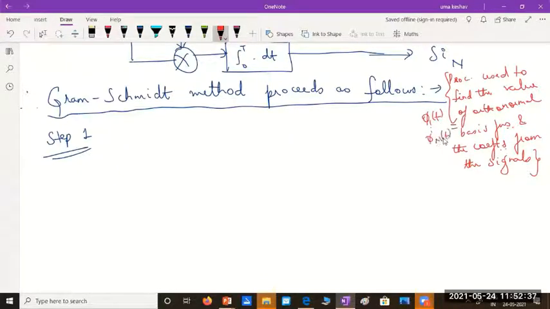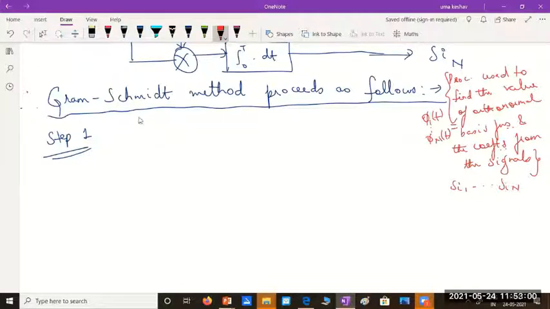You have to extract these functions from the given signals, and you also have to extract the coefficients, S i1 to S in. Find all the coefficients and the orthonormal basis functions. That is our job in the Gram-Schmidt method, and using that we'll be able to recover the signals properly.